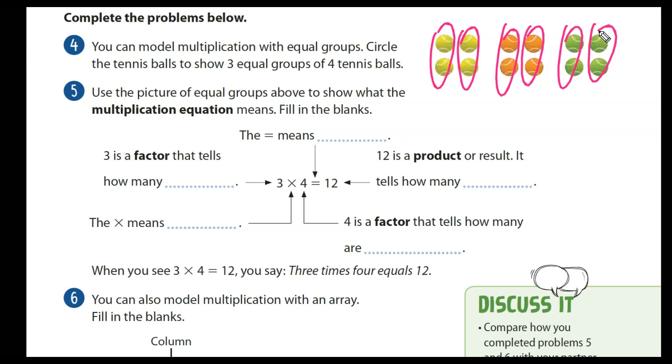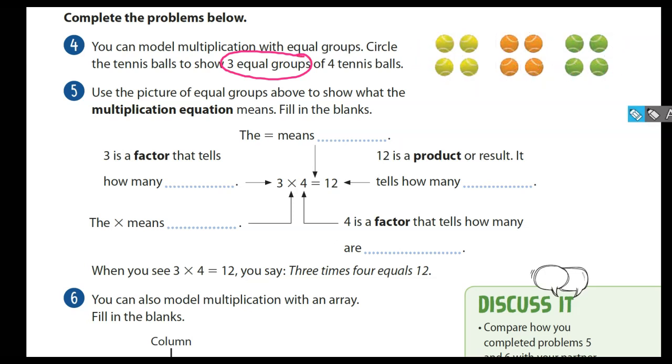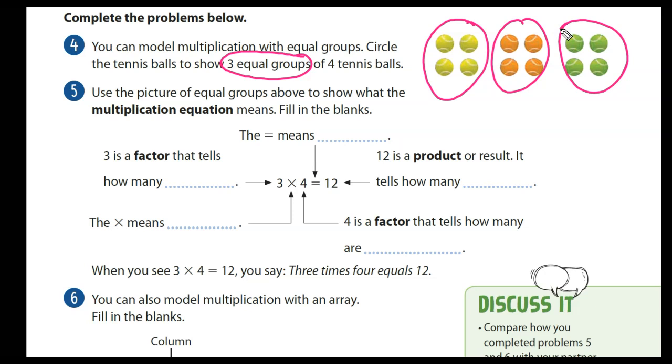I made 6 of them. But how many groups do I need in reality? 3. With how many balls in each group? 4. So can I just do this? There's 1 group, 2, 3, because it says 3 groups of 4 tennis balls each.